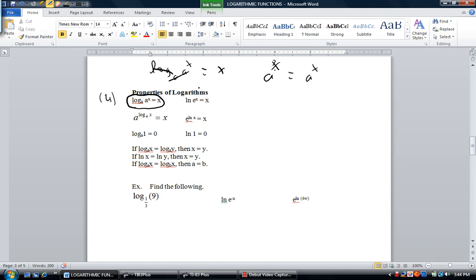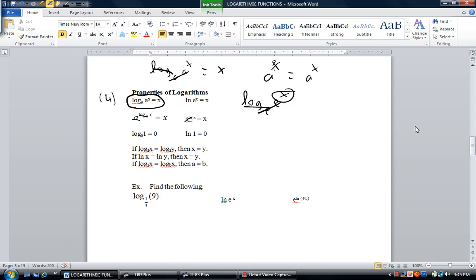The bases cancel. It leaves the x. Same thing here. This natural log of e to the x is the exact same thing as log base e of e to the x. Those are the same, so they cancel. It just leaves x. Same thing here. These cancel because of the same base. It leaves x. This ln is log base e. It cancels with the base e, and it leaves x.